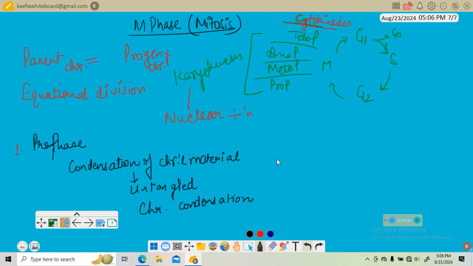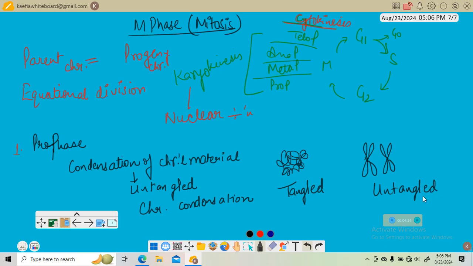So if I say condensation is like this, there are two terms, tangled and untangled. If this is in a cluster, that is tangled. If I say like this, this is untangled.